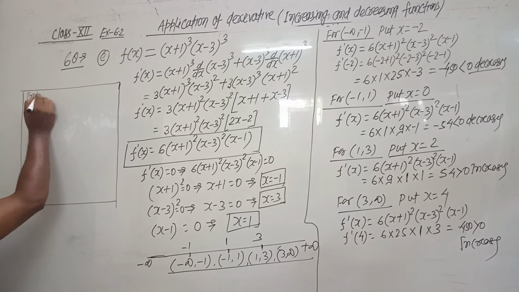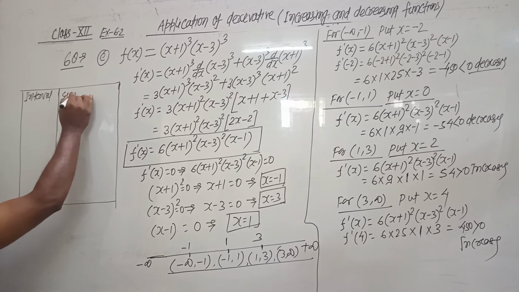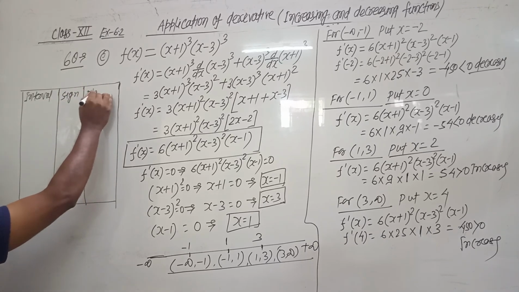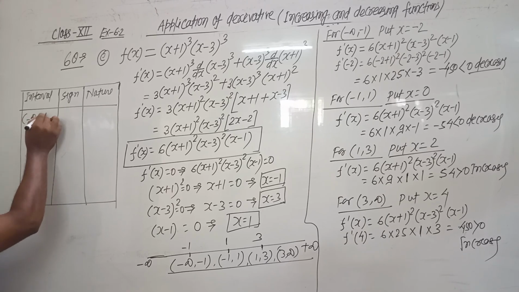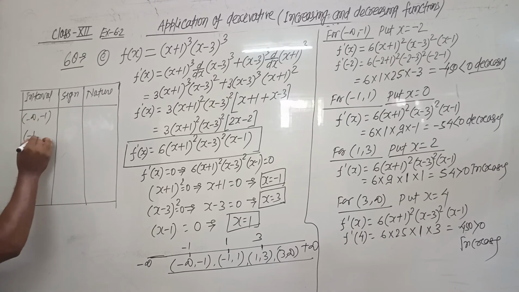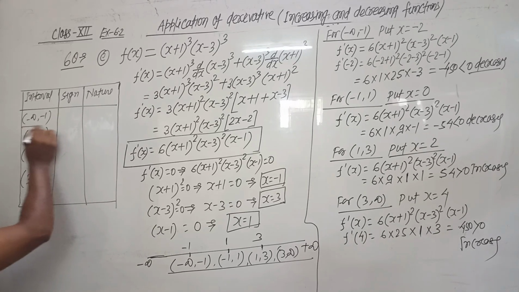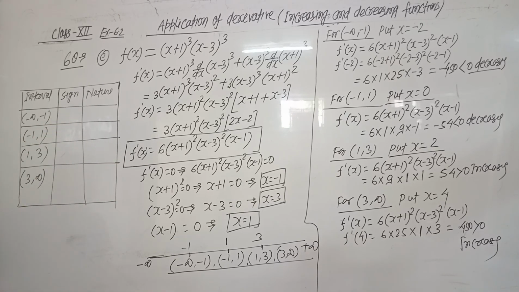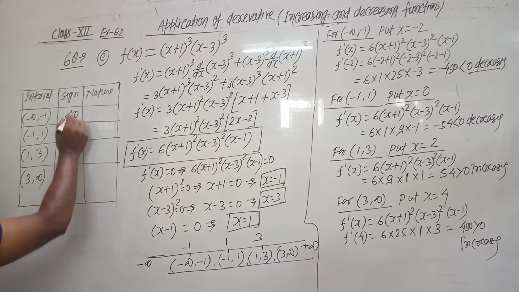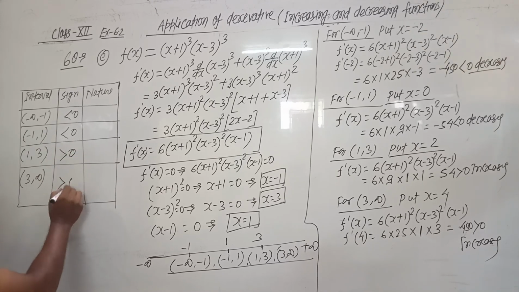So the intervals, their sign and their nature: the first interval is −∞ to −1, next is −1 to 1, then 1 to 3, and then 3 to ∞. The sign from −∞ to −1 is less than 0, in the second also less than 0, in the third greater than 0, and in the fourth also greater than 0.